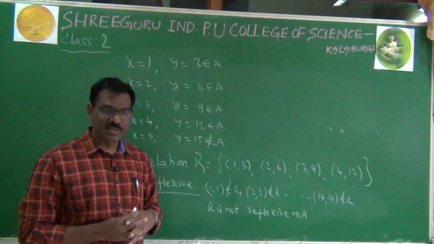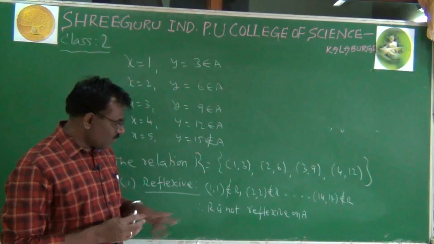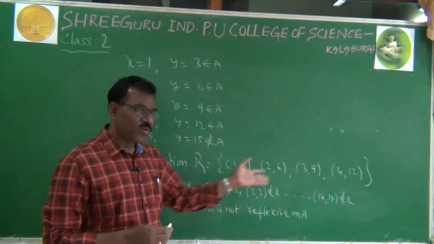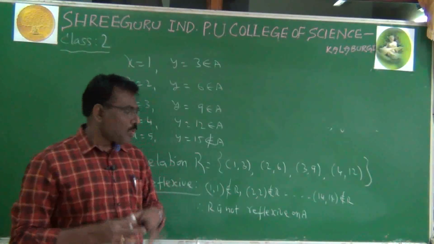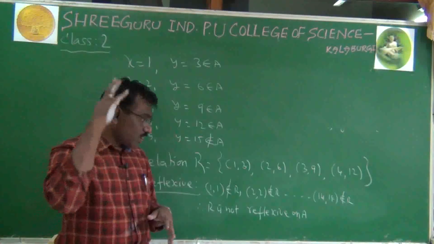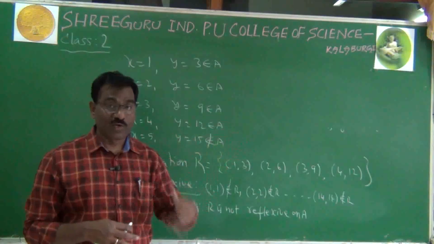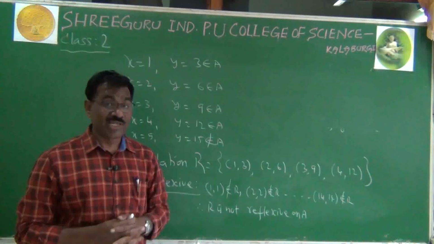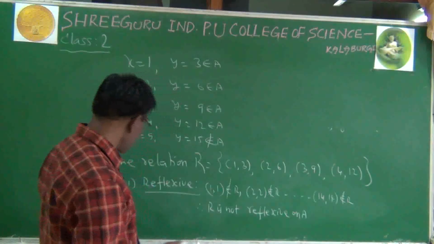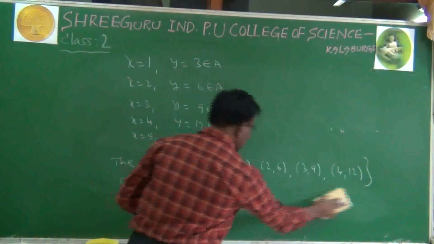Students' questions. Sir, why are you taking 1 1 up to 14? It takes time. 1 1 belongs, 2 2 does not belong, 3 3, 4 4, 5 5, 6 6, up to 14. It takes time. So in general, how to start reflexive relation?